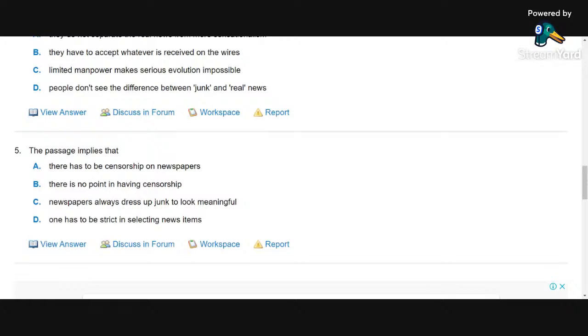So, when you read this, you have to see it from the writer's point of view. Even when you feel some option is right, it might not be, because that might not be mentioned in the passage itself. So you have to understand what is what.